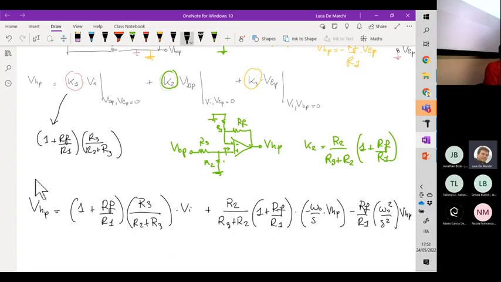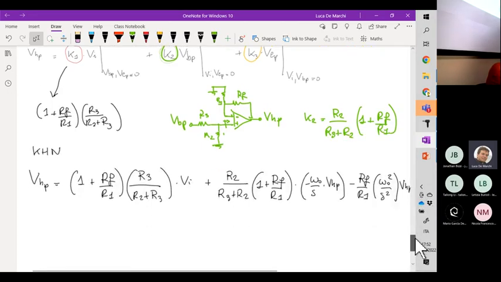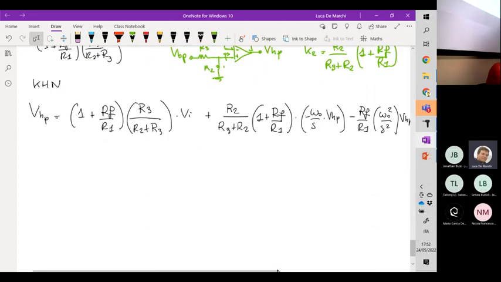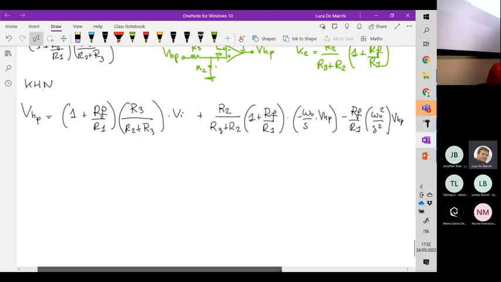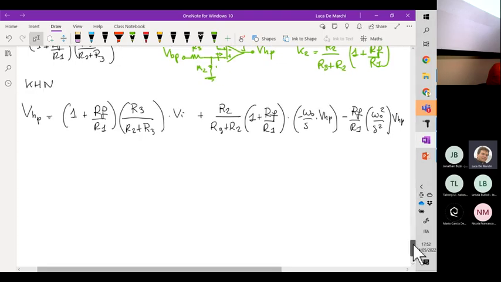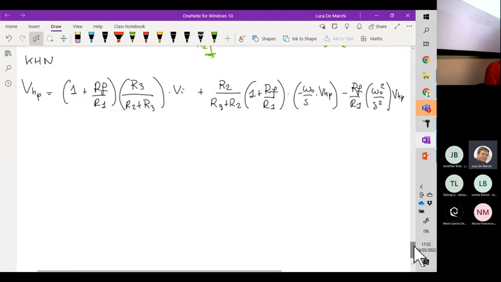Okay, so the KHN circuit produces this transfer function. We can compare the resulting transfer function from the circuit analysis with the pure abstraction which we have analyzed at the beginning of this class.